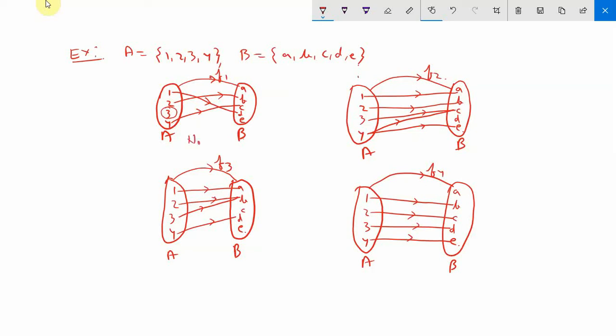F2 is not a function. F3 is a function. And F4, if we see all the elements have unique images in set B, so F4 is also a function.